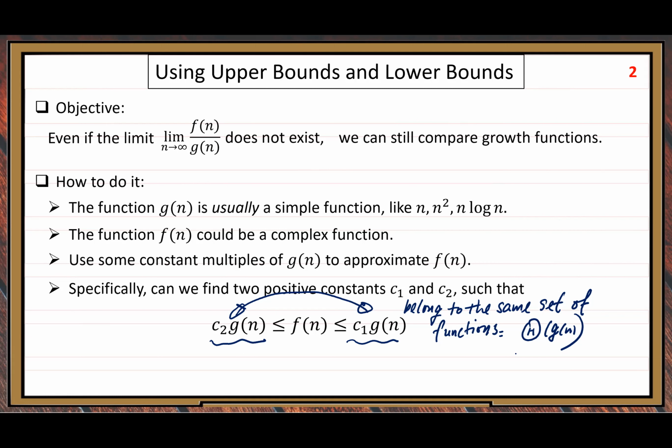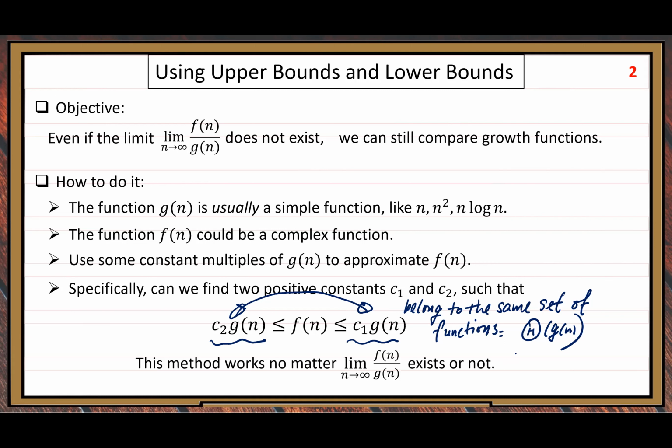Here, we do not use the limit way; we use the inequality way. The inequality way helps us get around the limit way, and eventually we can find that f of n belongs to big theta of g of n.